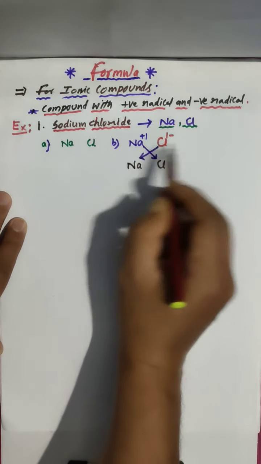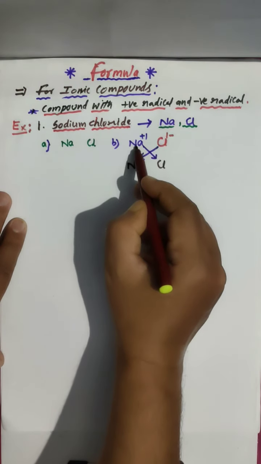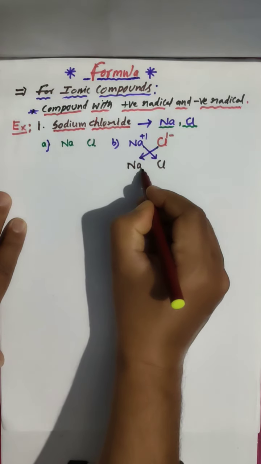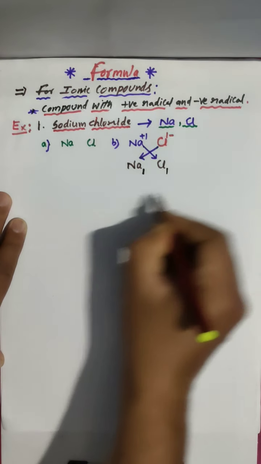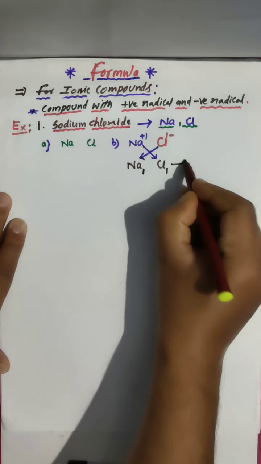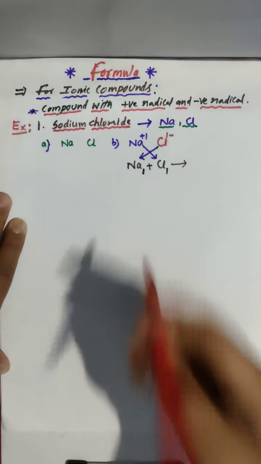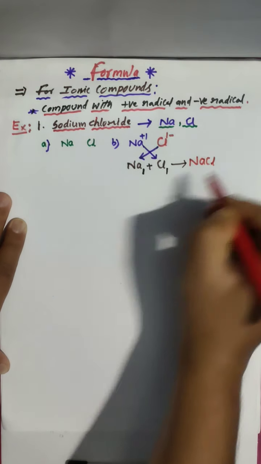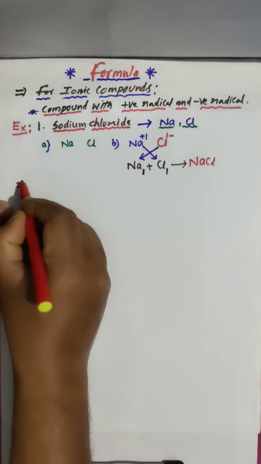Minus and plus we should not write, only the number. Chloride's number for sodium, sodium's number for chloride. Clear? Then you add these two. What did you get?